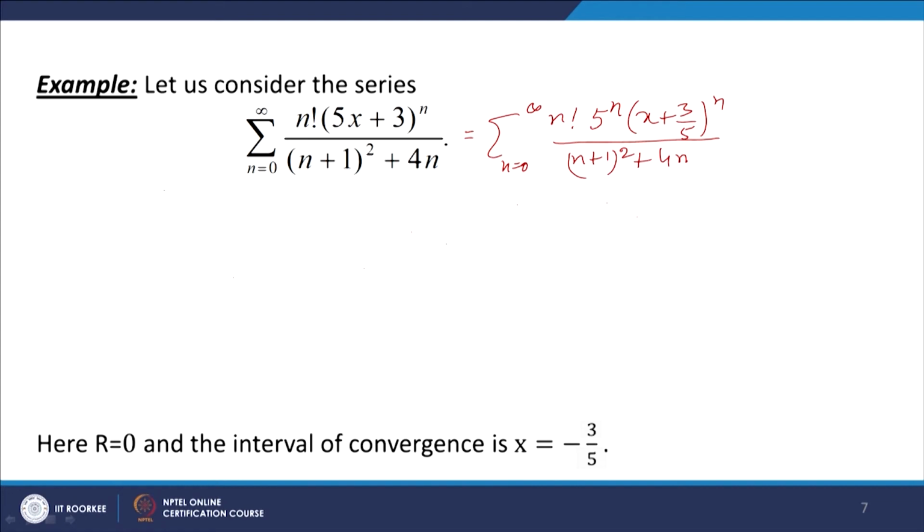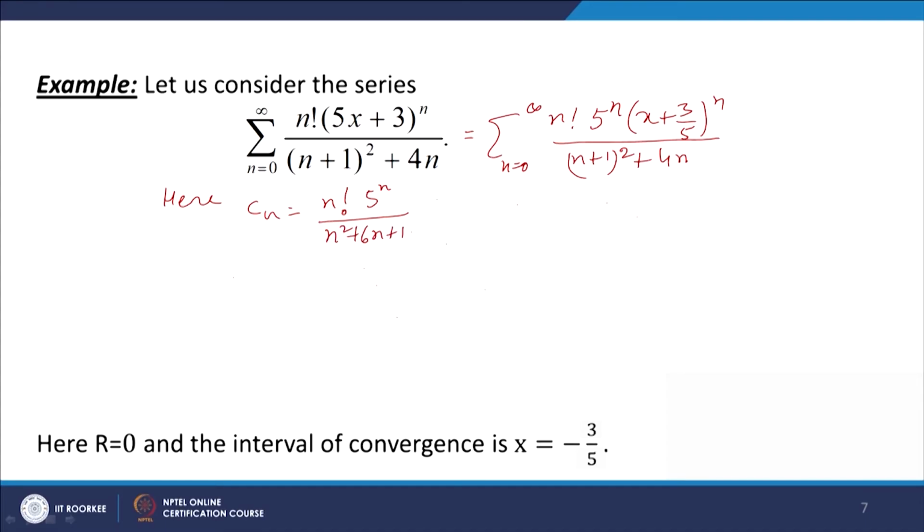Okay. So, here C_n is equal to n factorial 5^n over (n+1)^2 plus 4n. So, (n+1)^2 means n^2 plus 2n plus 1, so n^2 plus 6n plus 1.